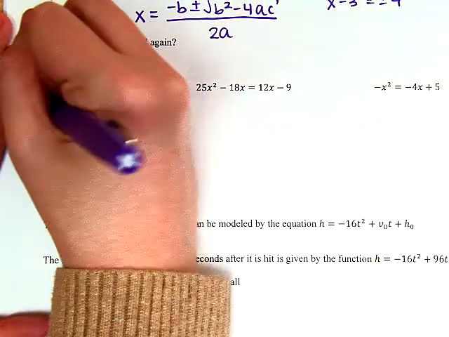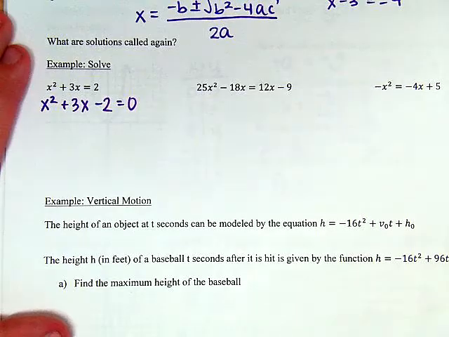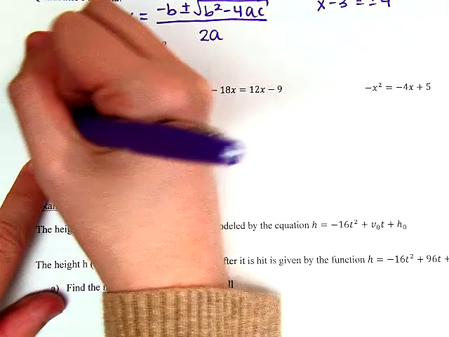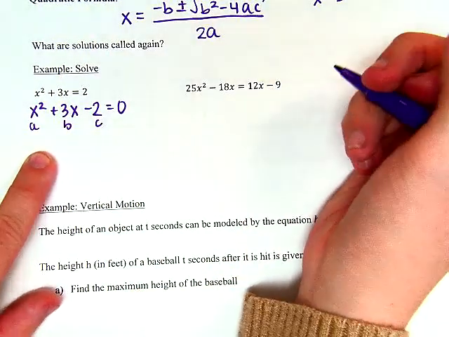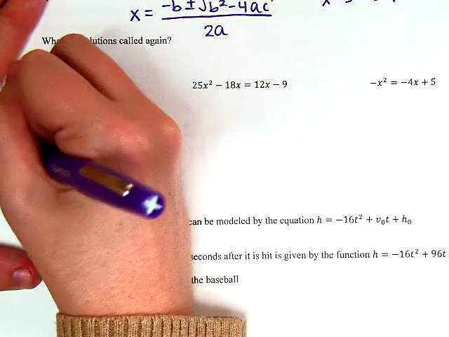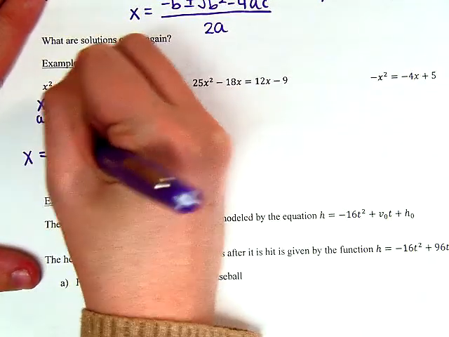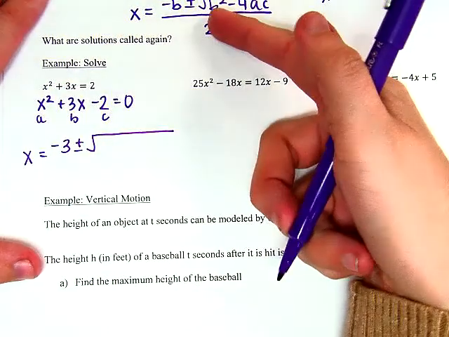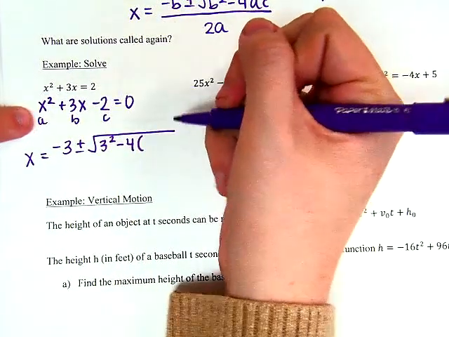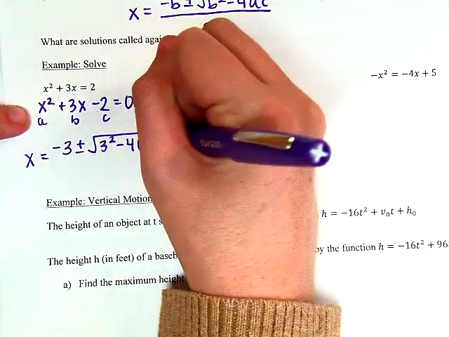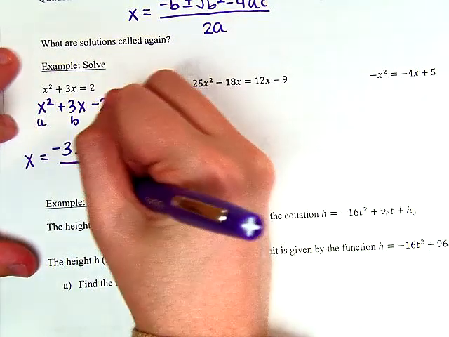So to get this, I need x squared plus 3x minus 2 equal to 0. Bring that 2 over. So this is my a, my b, and my c. So that when I plug into my equation, x equals, I do -b, so -3 plus or minus the square root. Then I do b squared, so 3 squared, minus 4 times my a value, which is just 1, times my c value, all over 2 times a.